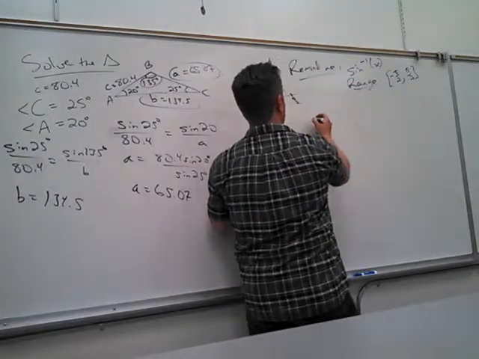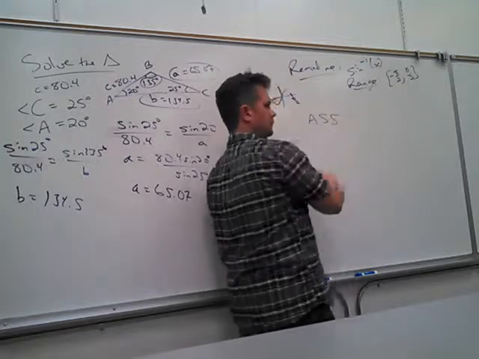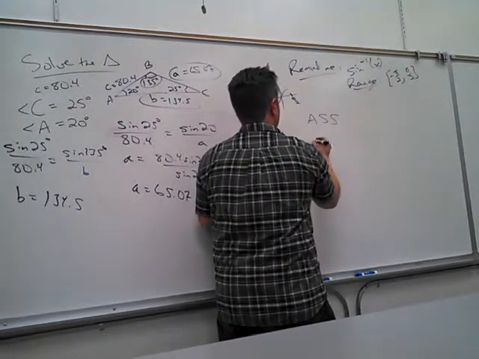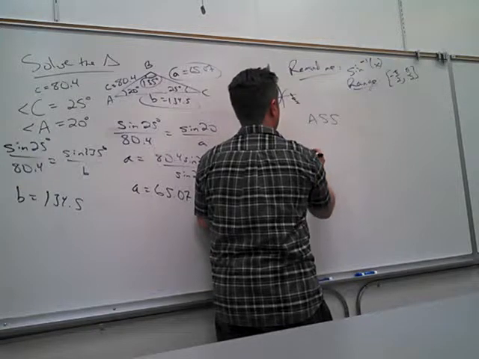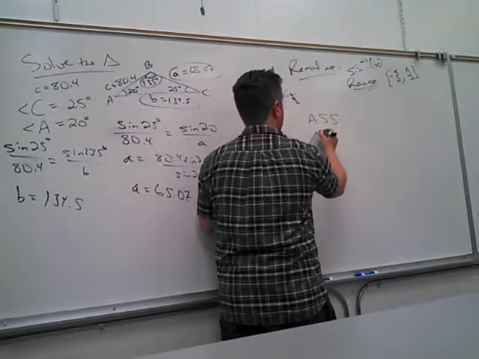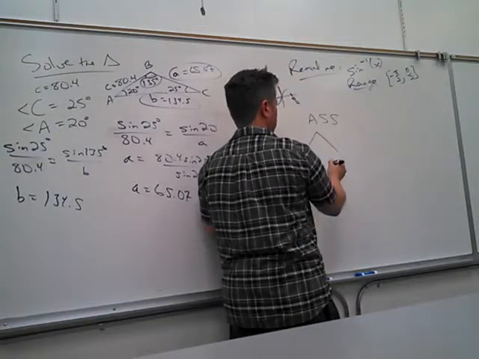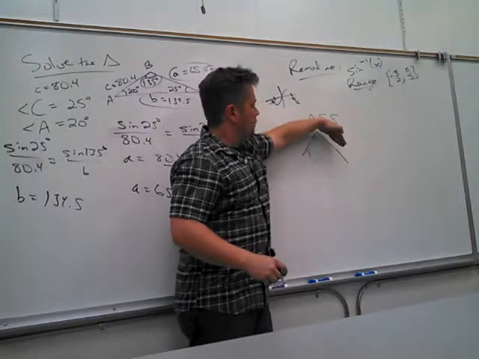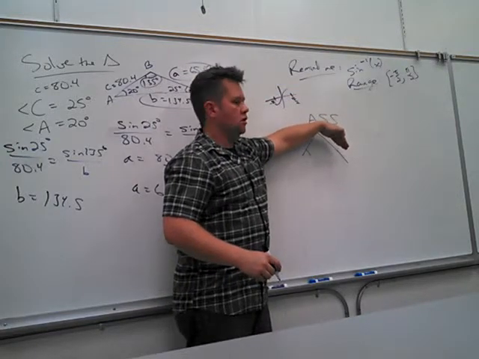So our problem is ASS. If I know an angle and two sides, so let's say I know this side, and I know how long this side is, and I know this angle. So this is one possible answer right there.